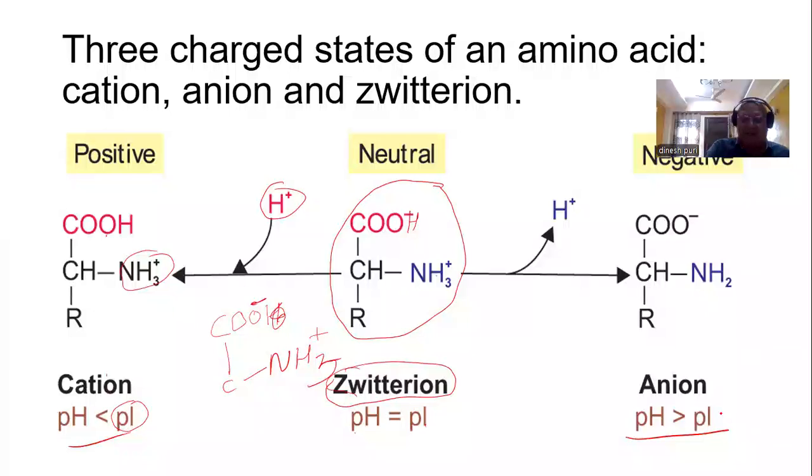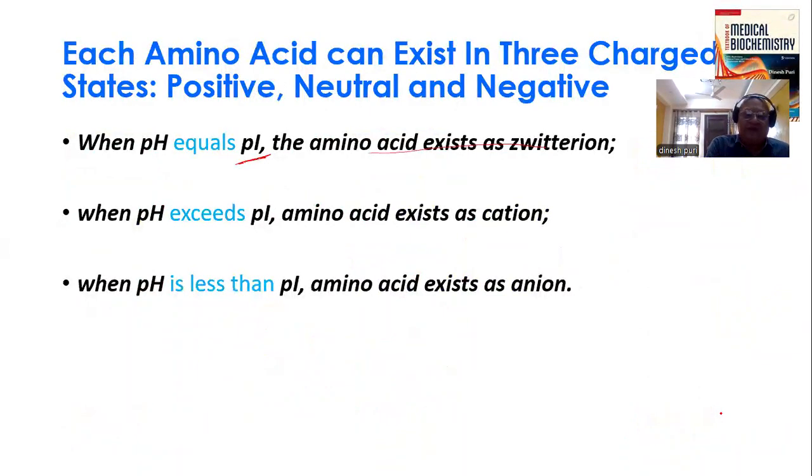When the pH is above the isoelectric pH, we get the anionic form. So this summarizes all these things. It exists as the cationic, or diprotonated, form when pH is less than pI. So, acid-base properties, I emphasize that now.